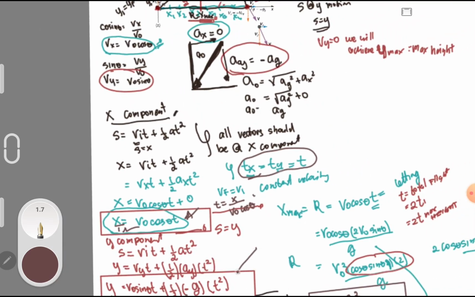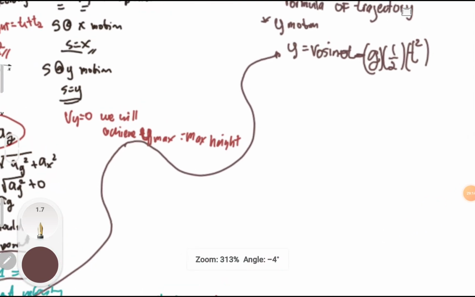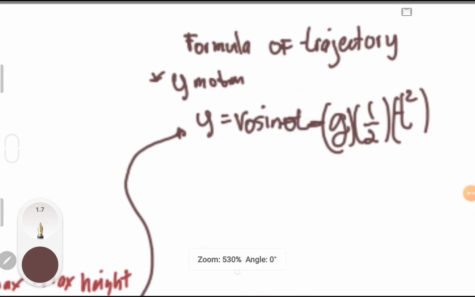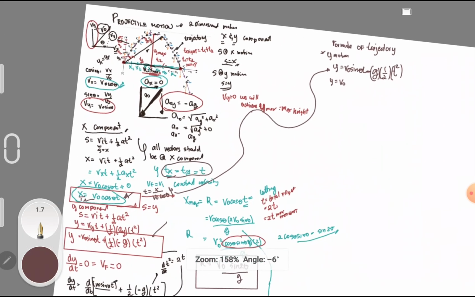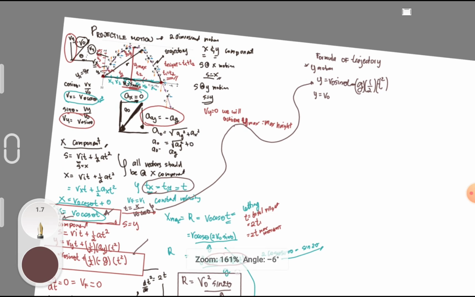So substituting this value of your t in our trajectory formula, we'll have y equals VO multiplied by sin theta.